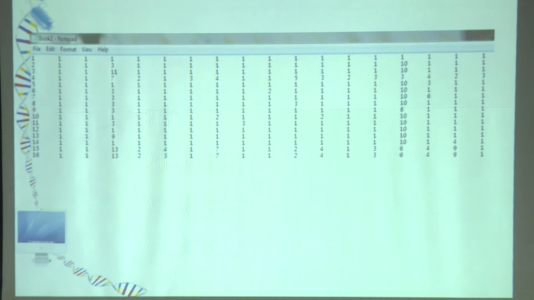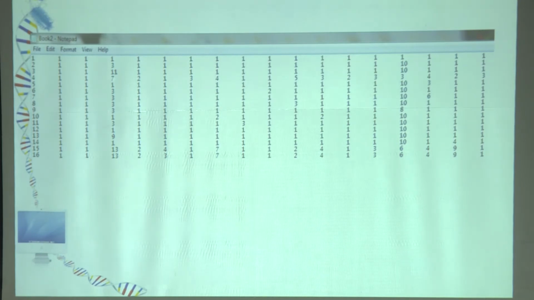Remember, the first column is sequence type, and the rest are all alleles. You will find around 17 alleles here. I mean, 17 loci. I'm sorry, 17 loci.